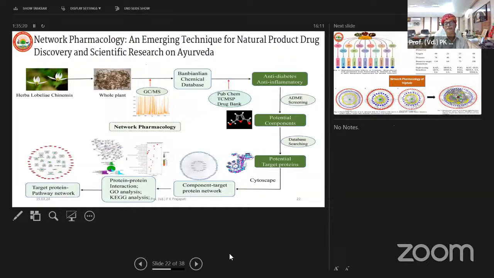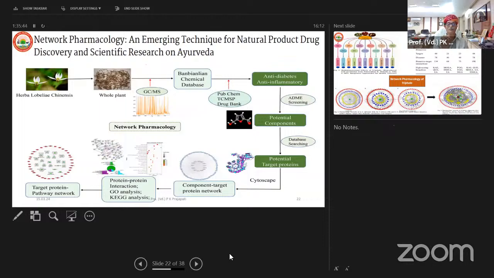Network pharmacology is an emerging technique for natural product development and scientific research on Ayurveda. Initially, we had to go through book after book, and different references had to be collected physically, but nowadays it is available on Google in network pharmacology.